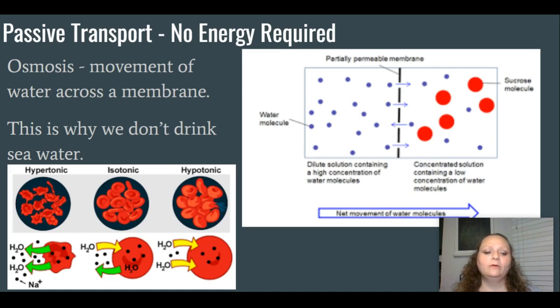So, when we put cells, particularly human cells, or really any cell, into different environments, the water is going to move in or move out based on the equilibrium. In that first example, all the way to the left, we've placed the cell into a hypertonic environment.